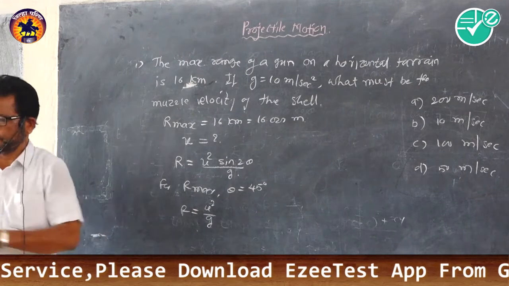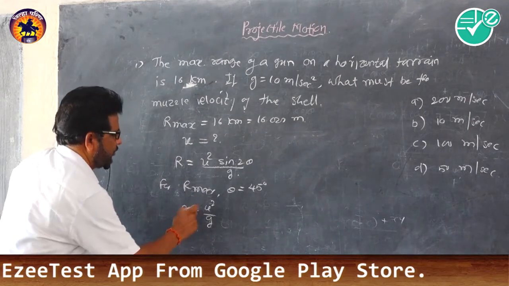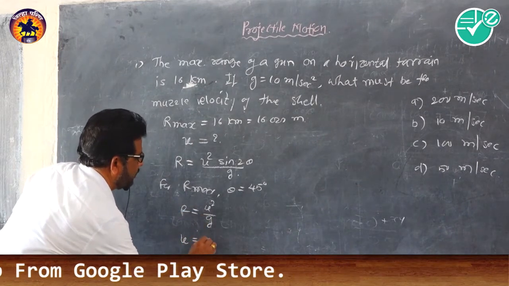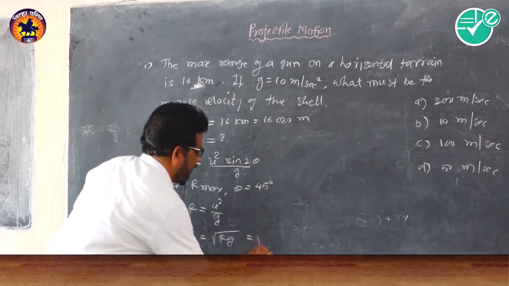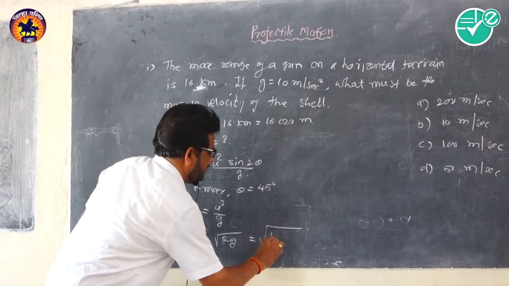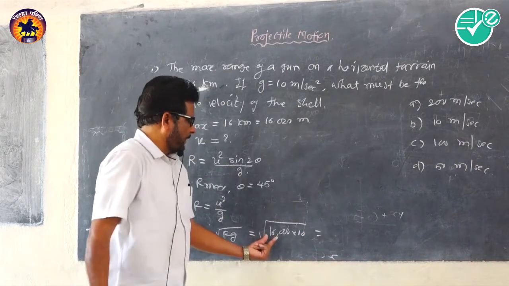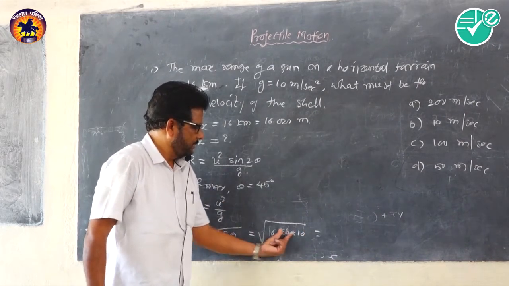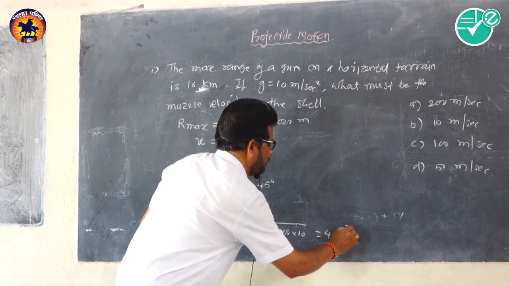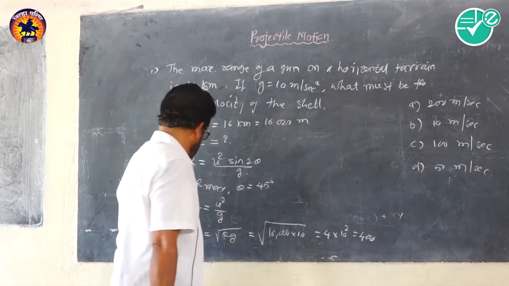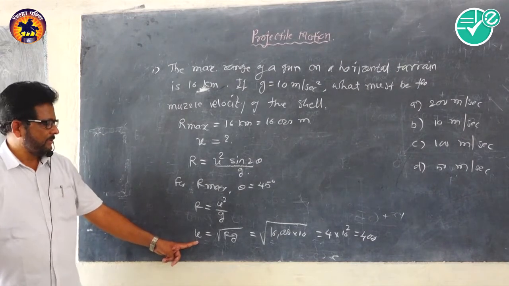And therefore R is equal to u square upon g, therefore u is equal to under root R into g, that is equal to under root 16,000 into 10, so it becomes 16 into 10 raised to 4, that means 4 into 10 raised to 2, that is 400 meter per second is the muzzle velocity of the shell.